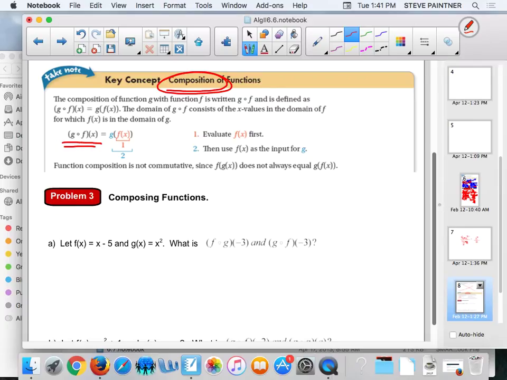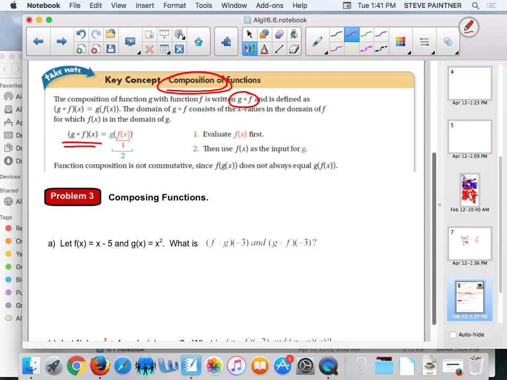The composite of functions g and function f is written like this. How do you read that? G times f. That's how you read it, don't you? Because you see that circle and you think it's a times sign, that's an indicator that it's not a times sign, because circles in math are going to be the word of. It's g of f of x.